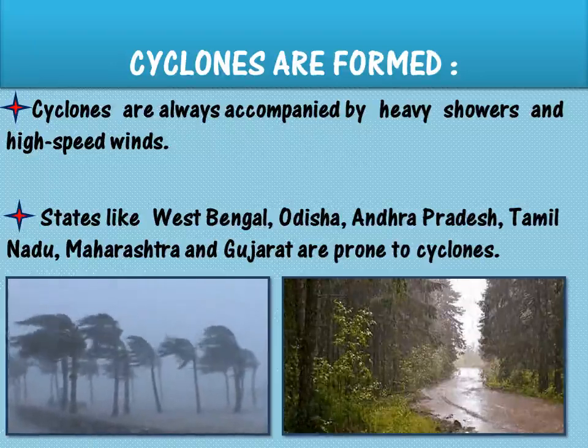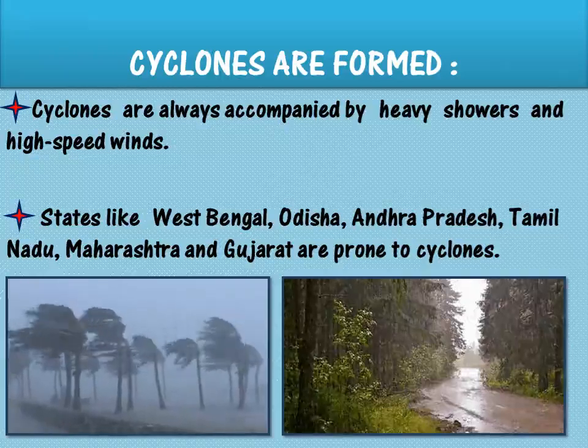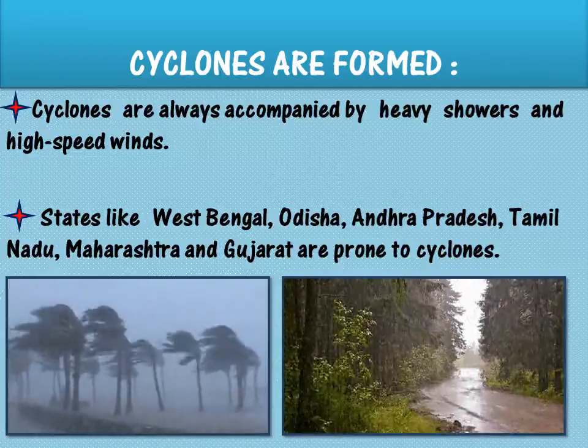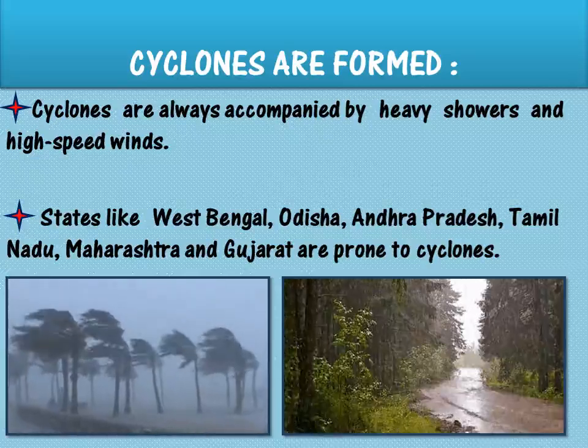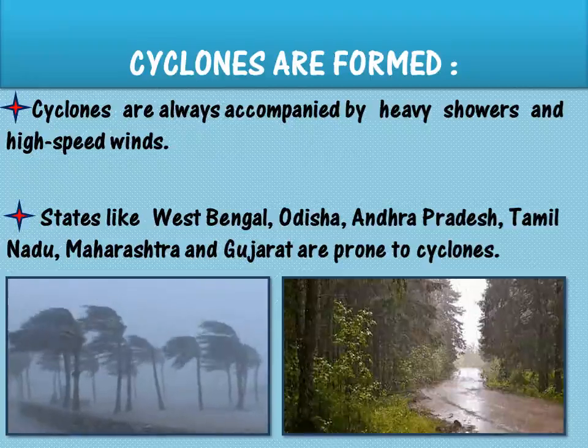So as these are very near to the sea coasts, they are very prone to cyclones. And cyclones are also natural disasters which occur due to what, children? Changes in the temperature on the surface of oceans or seas.